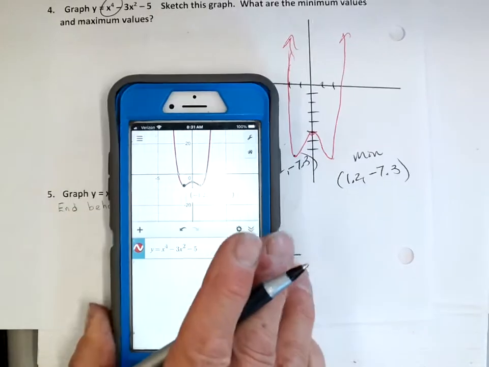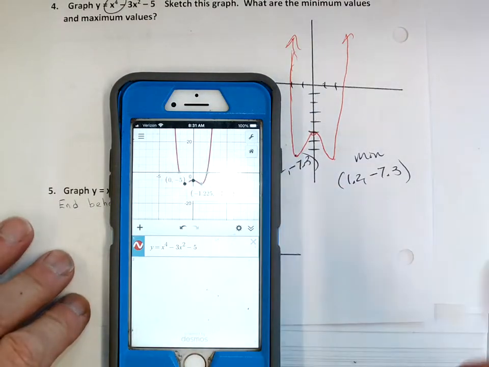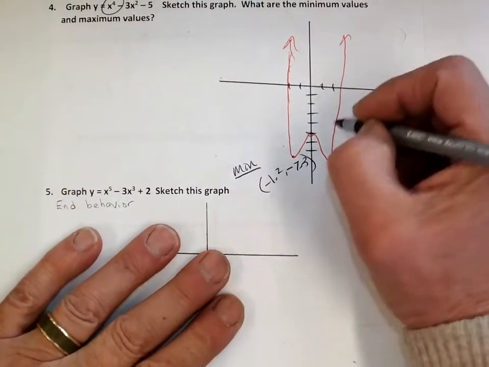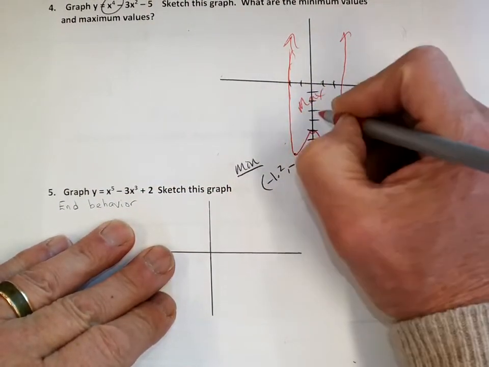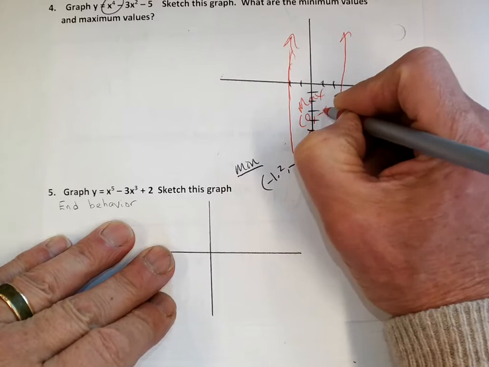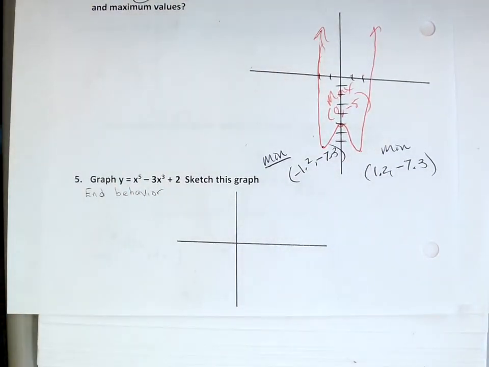I'm just letting my calculator do the work for me, right? And then in a second I'll tap on the max. So my max is at 0, negative 5. I mean, it's pretty easy, especially with Desmos. You guys agree?